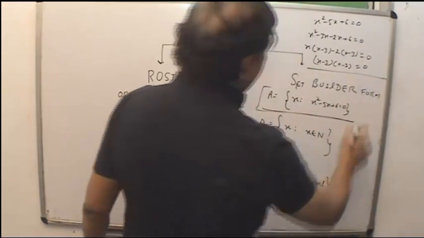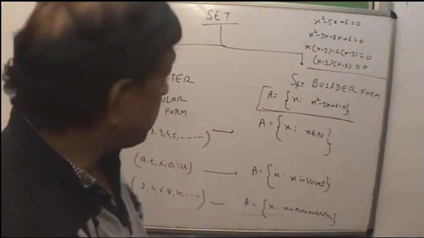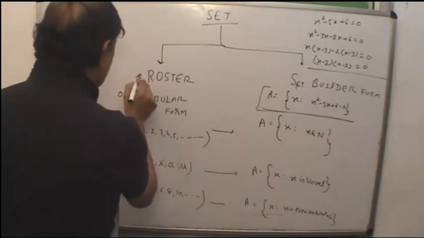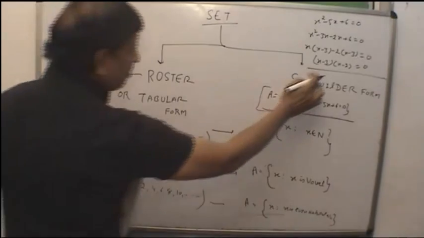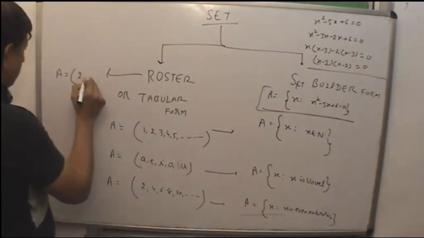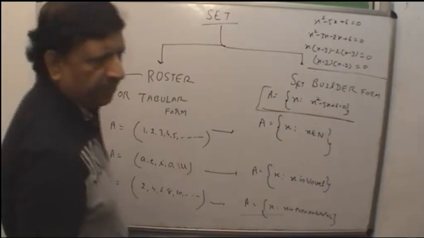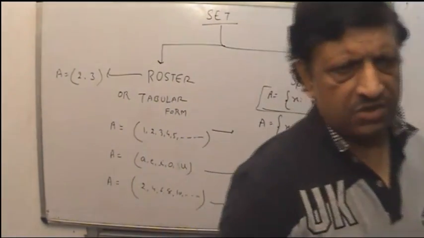It is a simple middle term splitting of a quadratic equation. So in roster form, we write the set A equal to {2, 3}. That is the representation of a set.